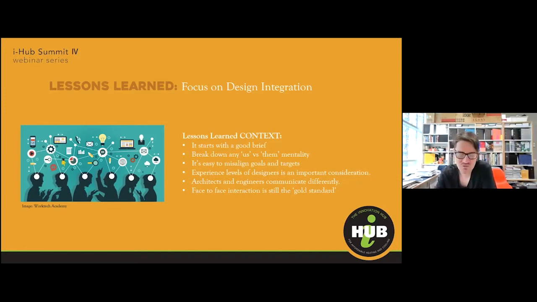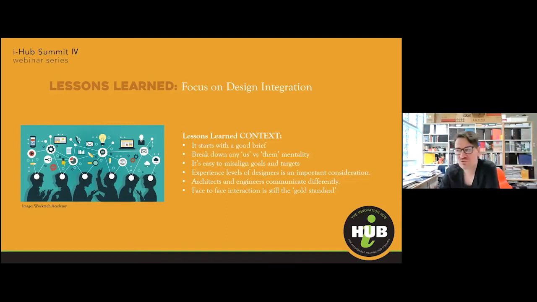But we want a context where there is a clear understanding that everyone is a designer, and that there is no us versus them. There is something that we jointly work on. We also learned that it's quite easy to get it wrong. If you have different output requirements in your academic curriculum for one group versus the other, it's extremely difficult to make them sing from the same hymn sheet.